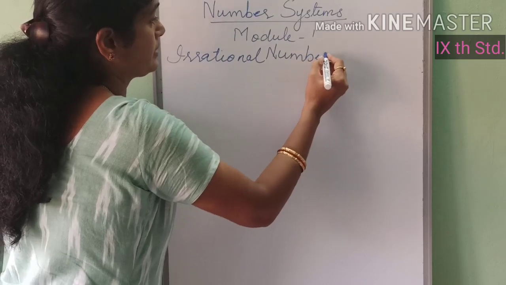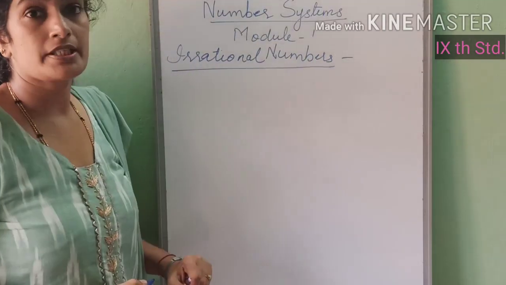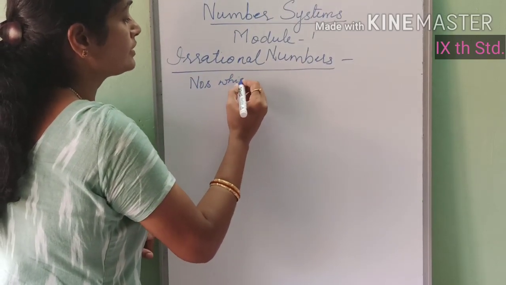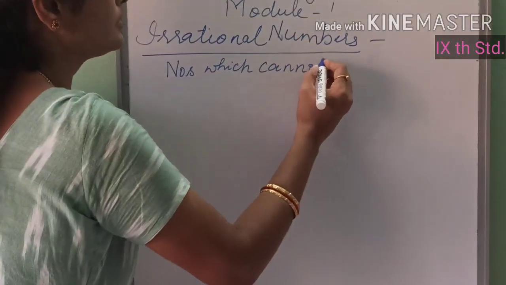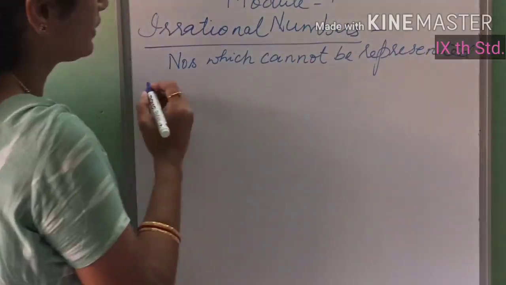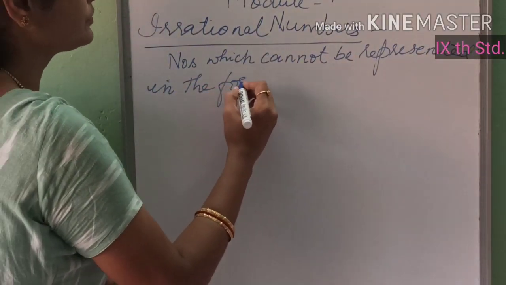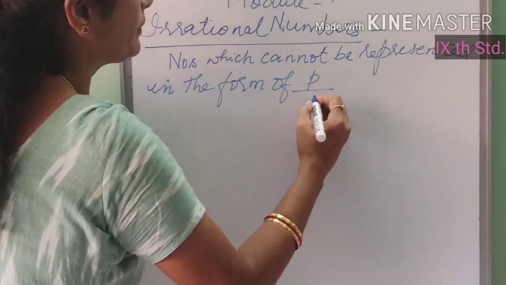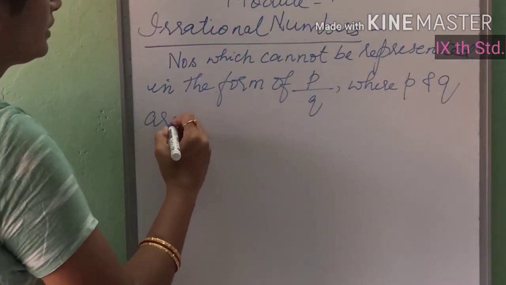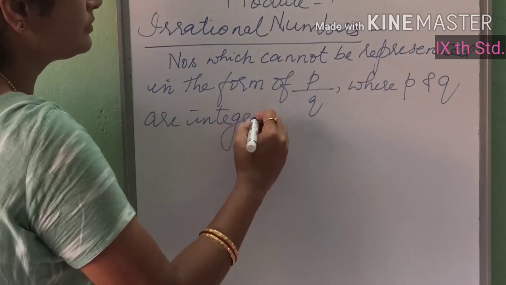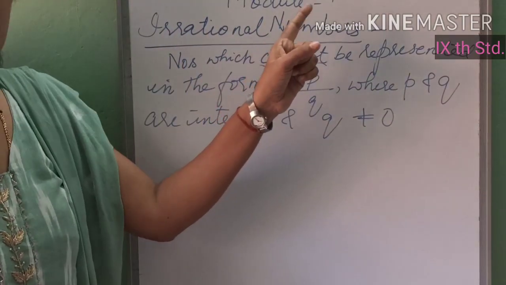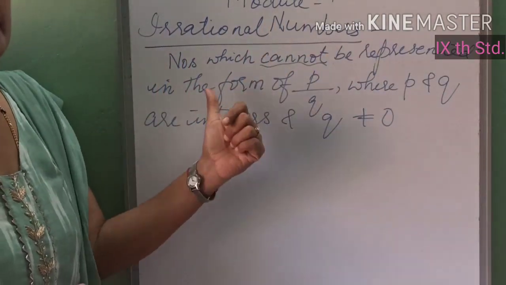Now, irrational numbers are those numbers which cannot be represented in the form of P by Q, where P and Q are integers and Q not equal to 0. That is, irrational numbers are those numbers which cannot be represented in the form of P by Q.